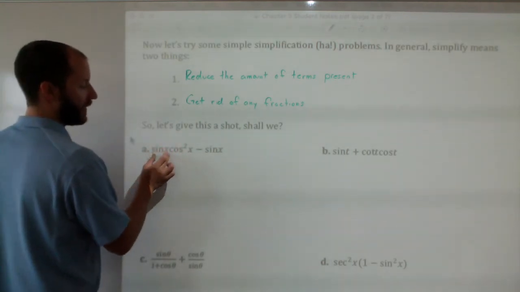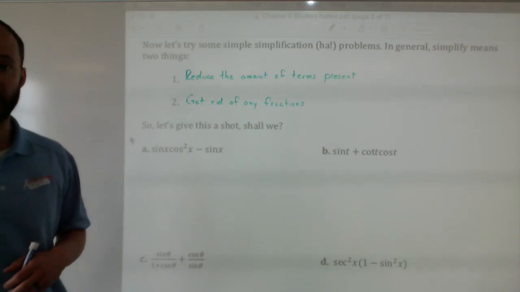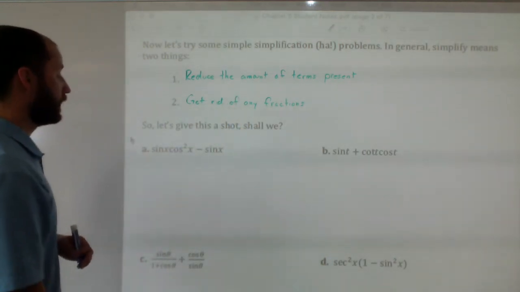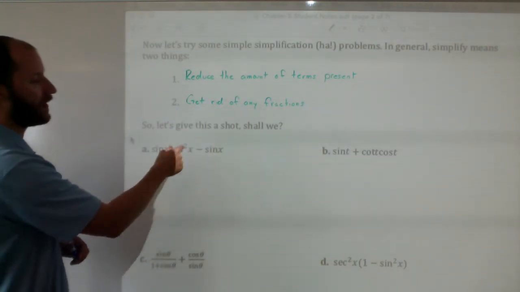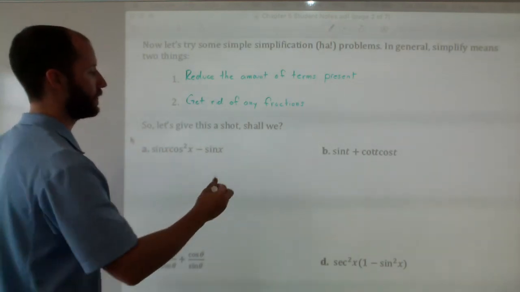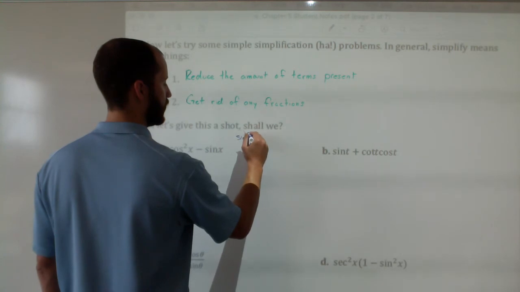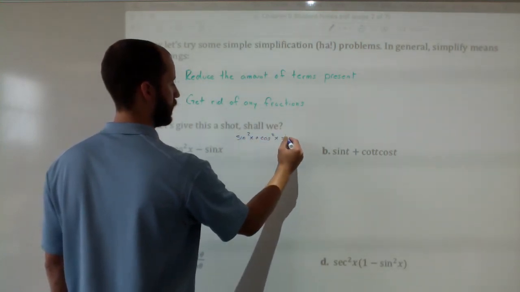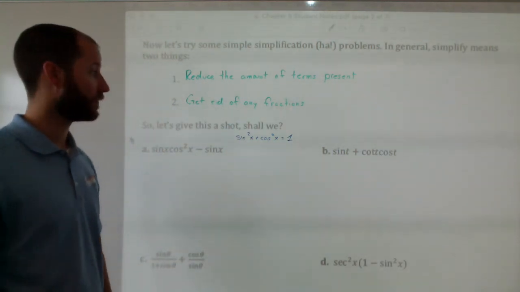So sine of x times cosine squared of x, minus sine of x. There are no fractions, that's good. I see this cosine squared, and that immediately makes me think of the Pythagorean identities. The Pythagorean identity, the OG, is sine squared of x plus cosine squared of x equals 1.